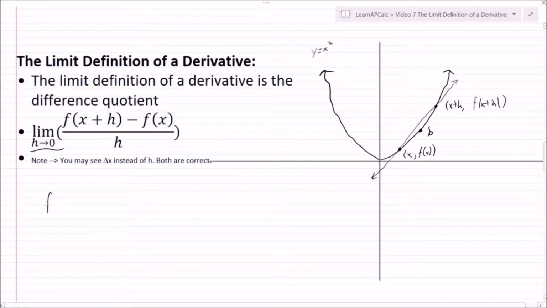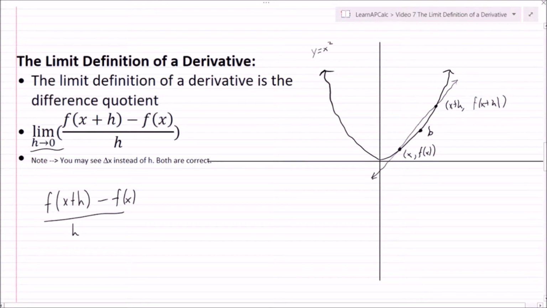So if we first write the slope of our secant line, we know that it's rise over run. So we have our rise here, f of x plus h minus f of x. And we have our run, x plus h minus x. I can cancel out the x's, and we can see what I'm left with. I'm left with this.